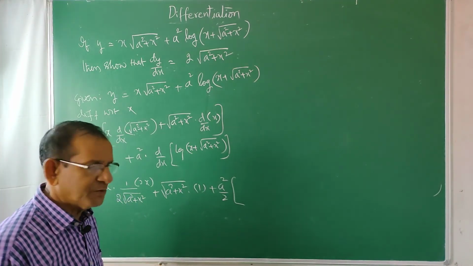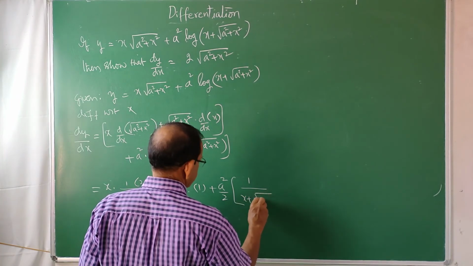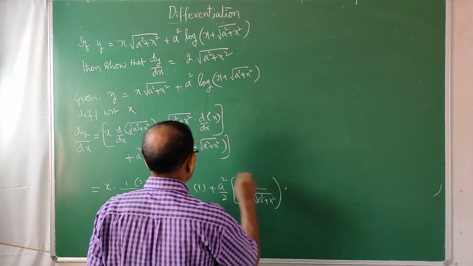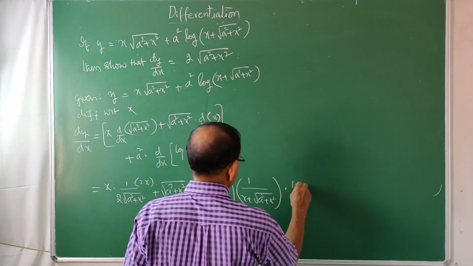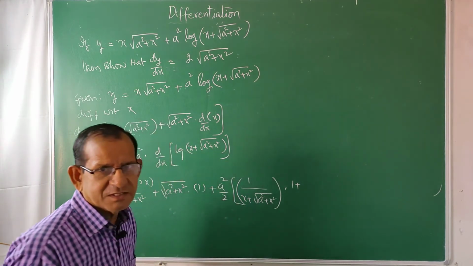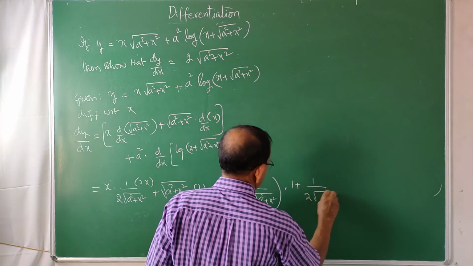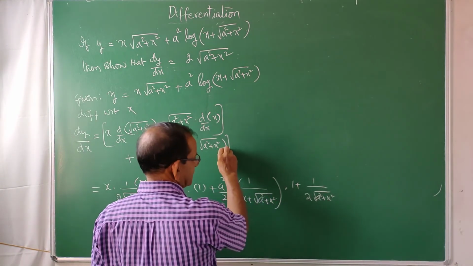That means you have to write 1 by f(x) first. 1 by x plus root of a square plus x square into derivative of f(x) also have to write. x derivative is 1. Again root of a square plus x square derivative, 1 by 2 root a square plus x square into derivative of a square plus x square is 2x.